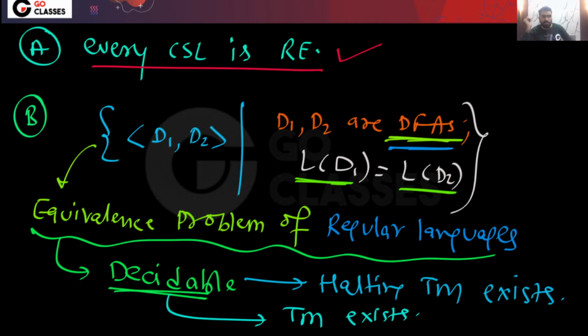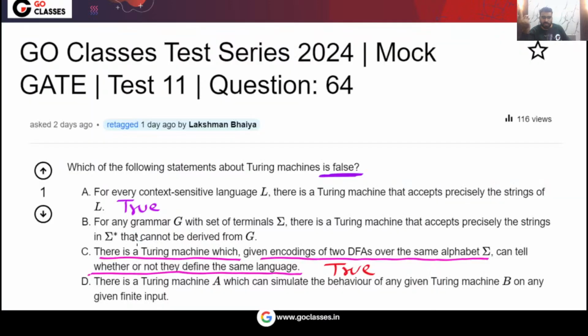Decidable means a halting Turing machine exists. For this problem, let's call it L, a halting Turing machine exists, and every halting Turing machine is a Turing machine. So yes, there is a Turing machine which can decide whether two DFAs have the same language or not.